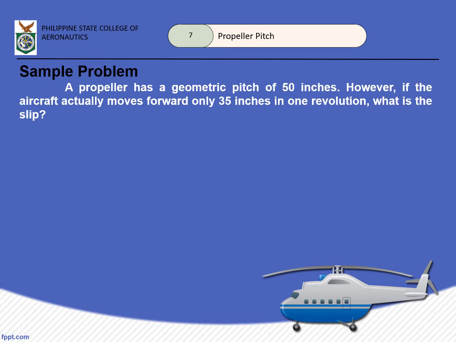Okay, so we have a sample problem right here. A propeller has a geometric pitch of 50 inches. However, if the aircraft actually moves forward only 35 inches in one revolution, what is the slip? So, take note muna natin, ano nga ba yung mga binigay sa atin. So, we are given the geometric pitch of 50 inches.